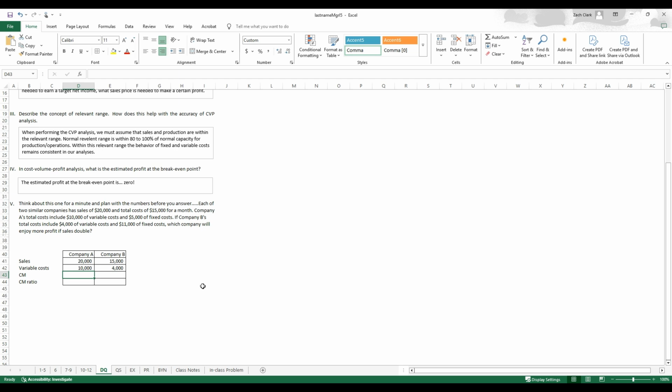Let's see what our contribution margin then is: our sales minus our variable costs. A little bit higher for company B. And then we can say our contribution margin ratio, again, taking our contribution margin divided by sales. That's a percentage. So let's just pull that formula over. Oh wait, did I put that in right?